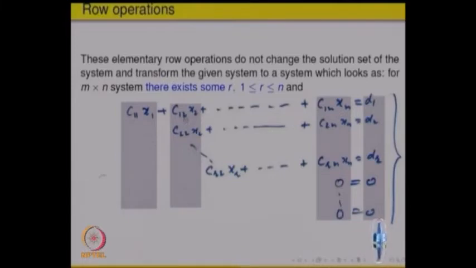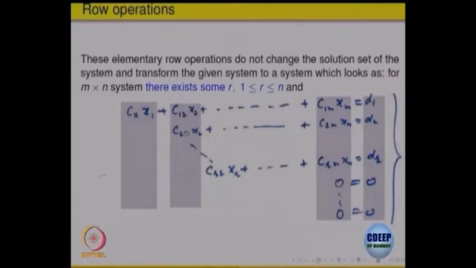In the next equation, at least one of the variables is eliminated. If C11 was not 0, then in the next one that coefficient is eliminated, and you get an equation which starts with x2. Possibly x2 also can be 0, but x1 is definitely missing in this. So, one variable has been eliminated.